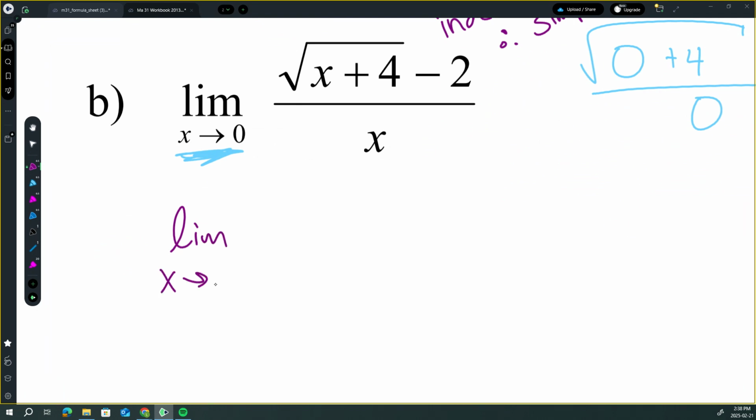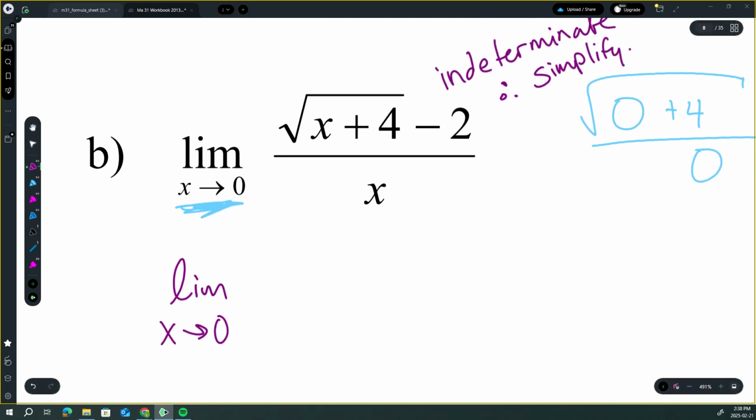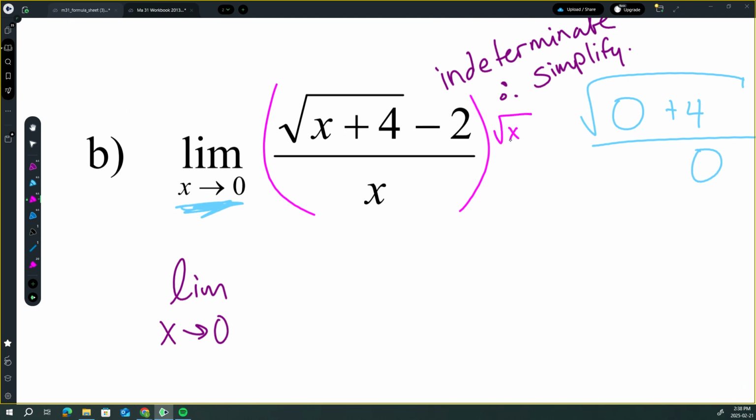So the limit as x approaches 0 of the square root of x plus 4 minus 2 over x. The conjugate is when you change the sign between the radical and whatever other value you have, and we're going to multiply both the numerator and denominator by that.